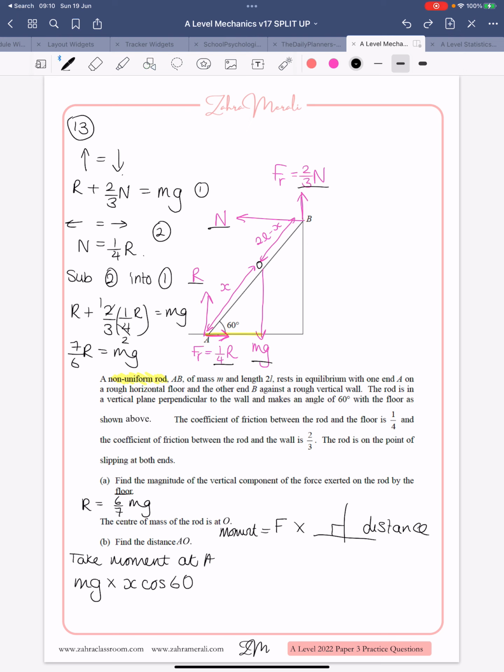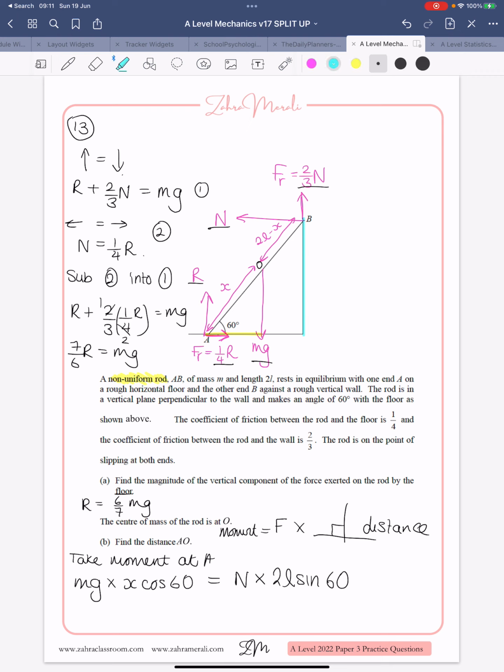So that equals N times, and we want our perpendicular distance. So we're going from here, we want to go at right angles until we're in line with A. So the distance that we're looking at here is opposite. So we've got N times 2L sine 60.